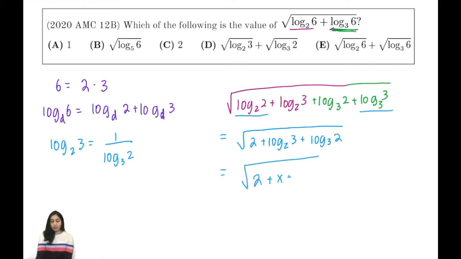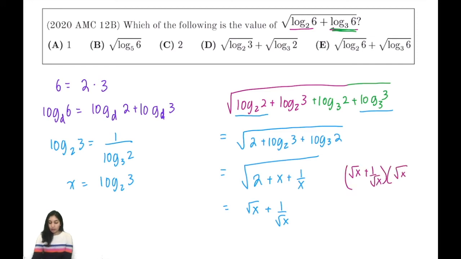So we can plug those into our equation and we'll see this. So now you can do algebraic manipulation to see that this is equal to the square root of 1 plus 1 over the square root of x. And as you can see here, when you square this, you'll just get our expression that we started off with.